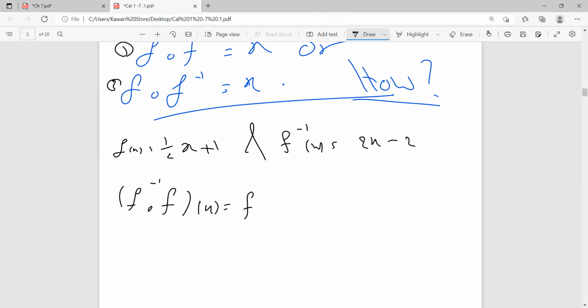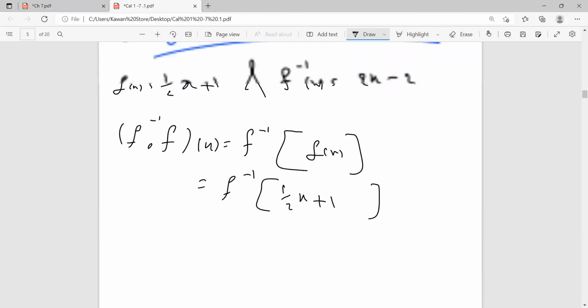So we say f inverse, the big one, of f of x. Especially when we talk about domain. So in f inverse, we are going to paste the block in the brackets: 1 over 2x plus 1.